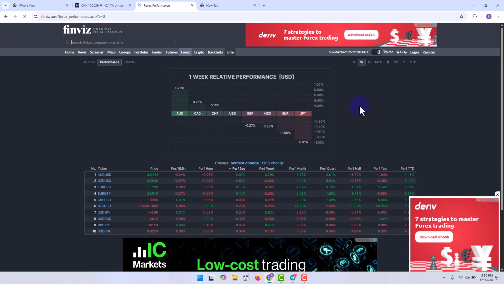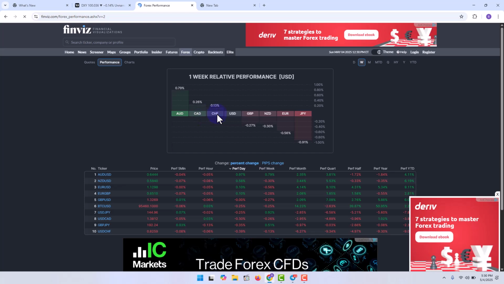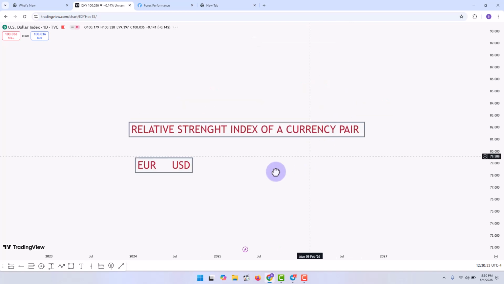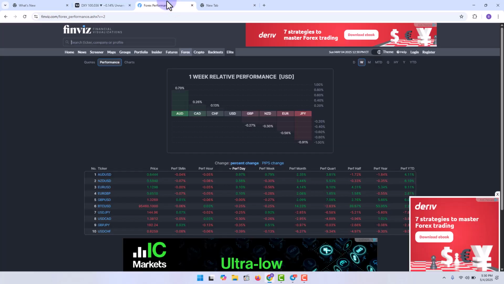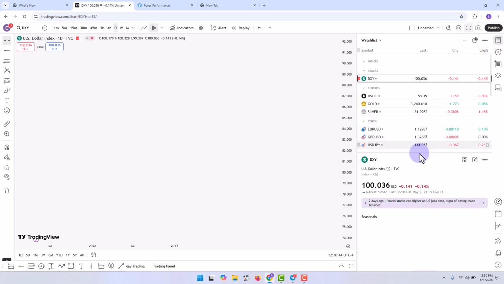Okay, so once you succeed in doing this, you've seen that last week we outlined that AUD JPY, CAD JPY, and CHF JPY, these three currency pairs, would do better than USD JPY, GBP USD, and all these currencies. So let's go to TradingView and check these three currency pairs, AUD JPY, CAD JPY, and CHF JPY. Let's see their performance last week.